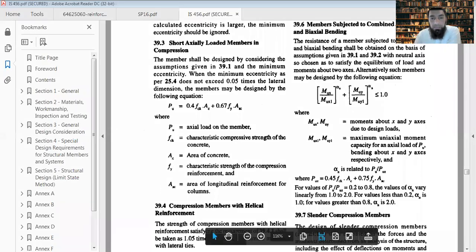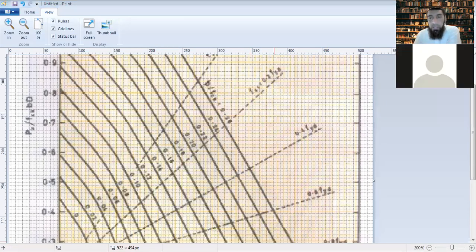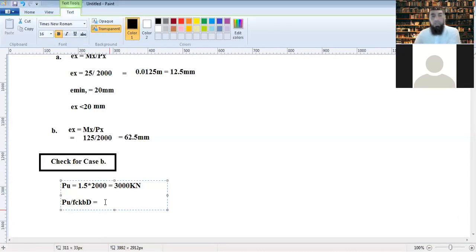Now your Pu is 3000 into 1000 divided by fck. How much is our fck? 30 Newton per mm square. Then you have b cross d. b is 350 and your d is 600.